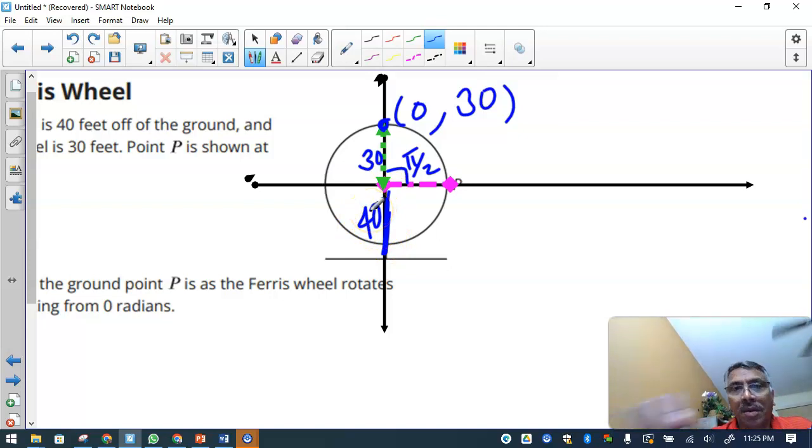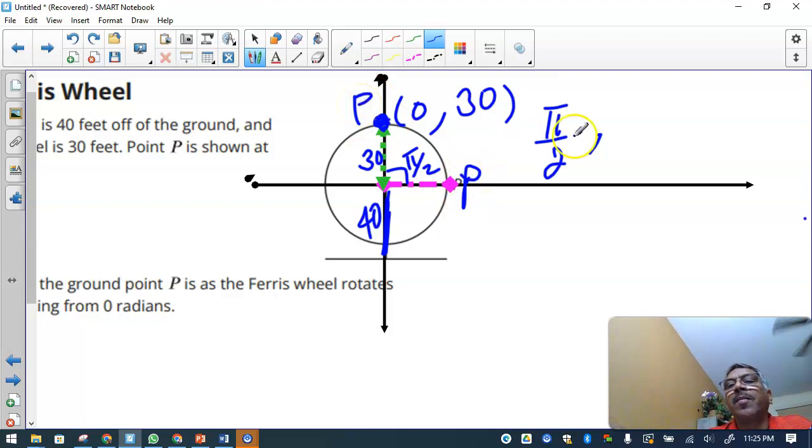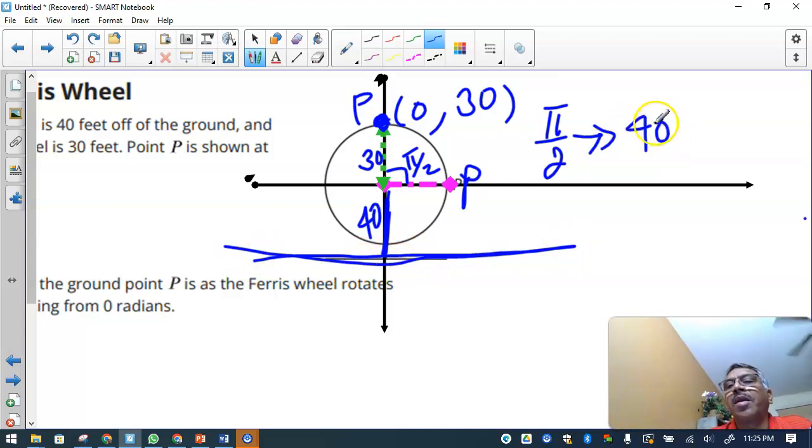So for the angle pi by 2, how far above the ground is this point P when it is right here? This is the ground, right? This is going to be 40 plus this 30, so total 70, and you're done.